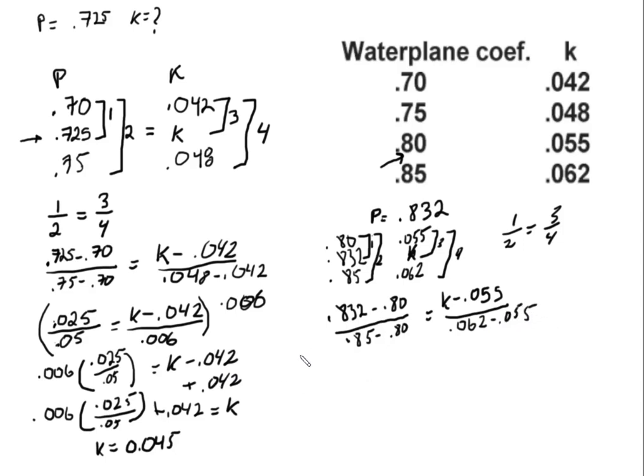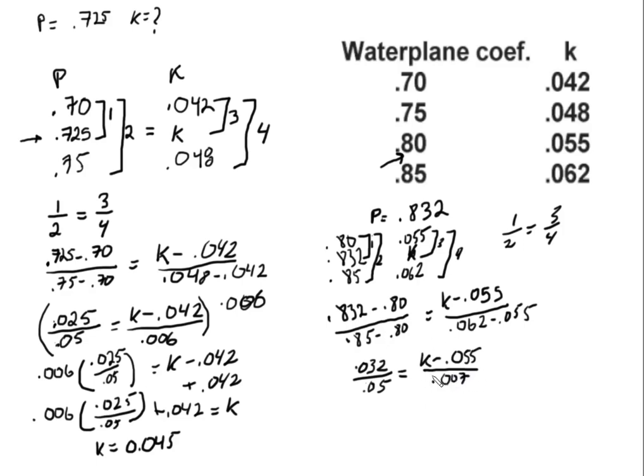This starts simplifying into 0.032 divided by 0.05 equals K minus 0.055, divided by 0.007.